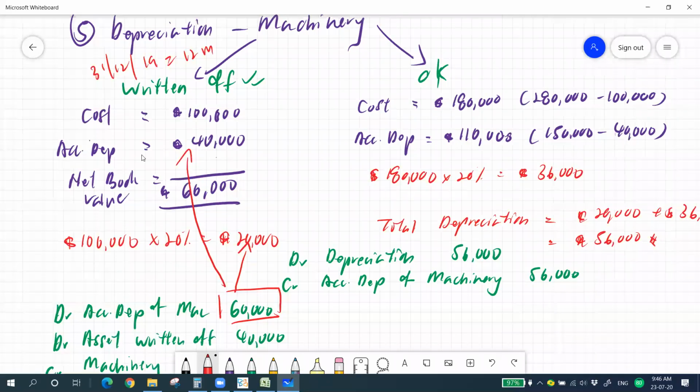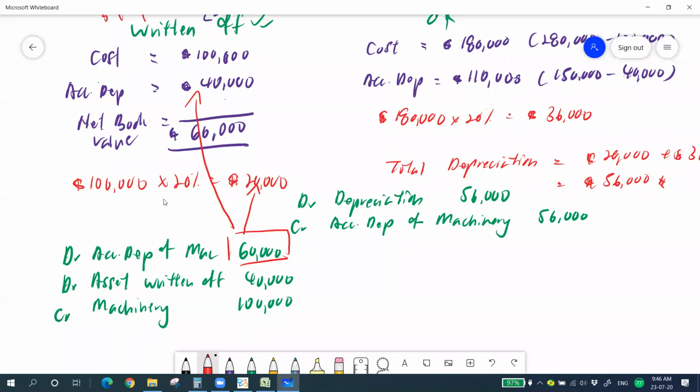Next, when we determine the accumulated depreciation for the written off asset, we need to use the prior year together with this year. So we get 60,000. So your accumulated depreciation is 60, machinery cost is 100. So we find a difference of 40,000. This 40,000 will be the written off value. So far so good?